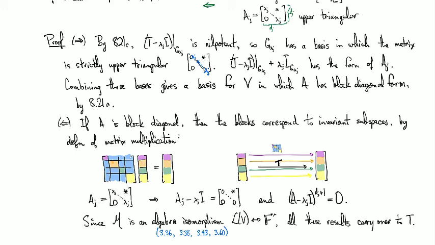In particular, if you look at this one right here, this is saying that T minus lambda_j I is nilpotent, so that lambda_j is an eigenvalue of multiplicity d_j. And that does it for our proof.